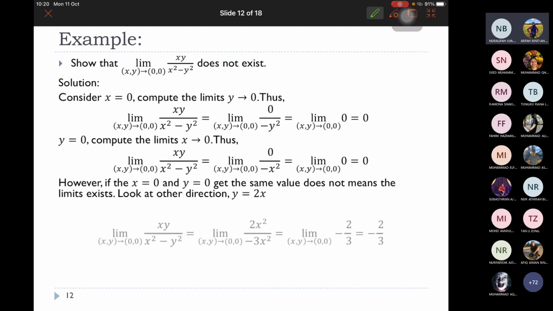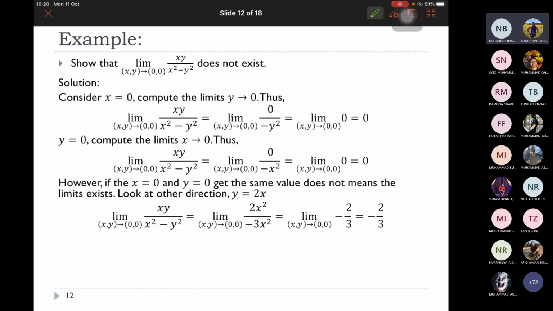So substitute y equals 2x dalam equation xy over x squared minus y squared. So limit dia akan jadi 2x squared dibahagikan dengan negatif 3x squared. Okay. So limit of xy approaches 0 akan sama dengan negatif 2/3. Okay.